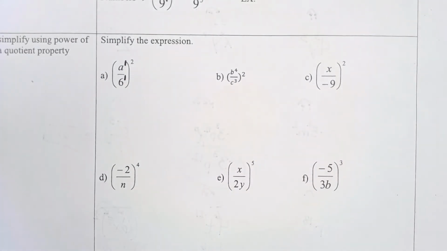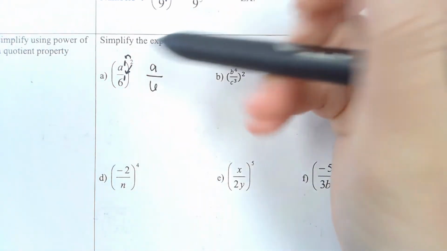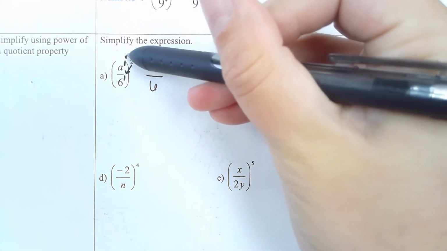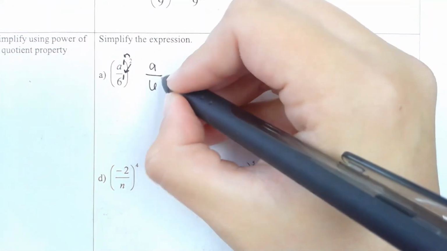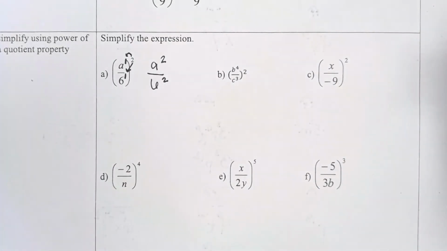And again, guys, if they don't have exponents, put the ones in there so that you don't forget to multiply it all, okay? So you're going to keep your base of a and 6, and it's going to stay numerator, denominator. And then now you're just multiplying your 2 times the 1, 2 times 1. So a over 6 to the 2nd power is a to the 2nd, 6 to the 2nd.